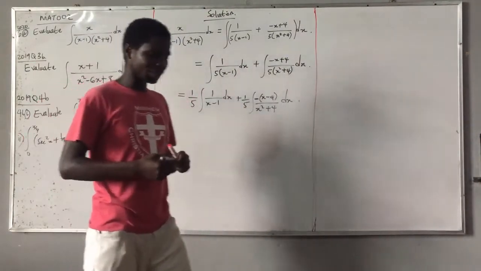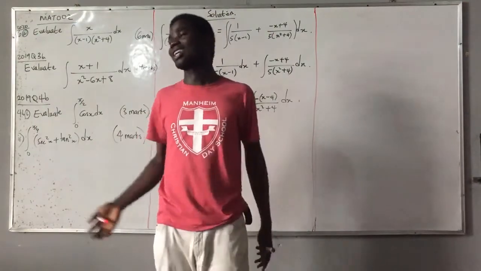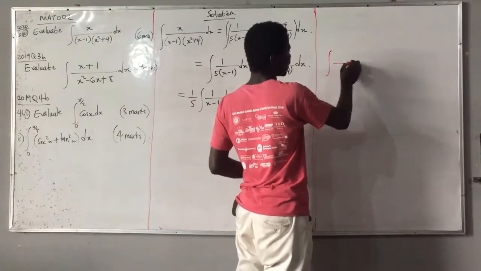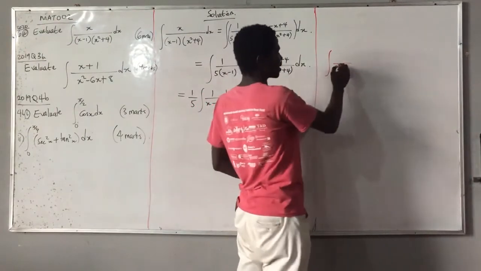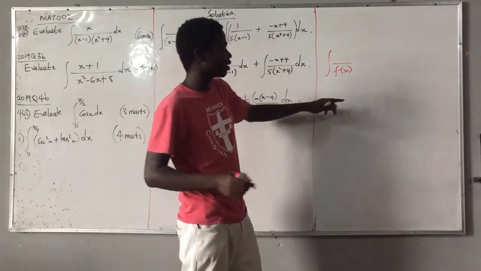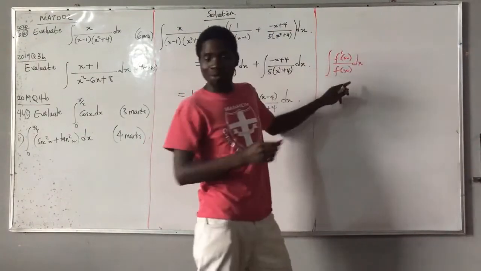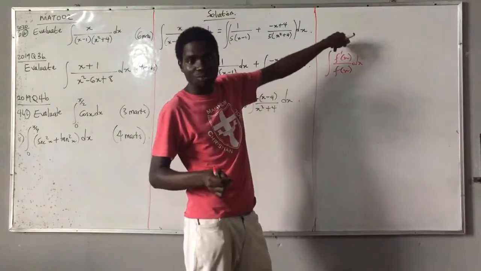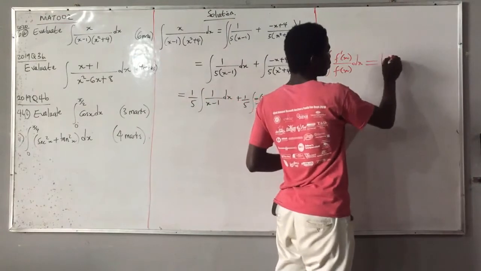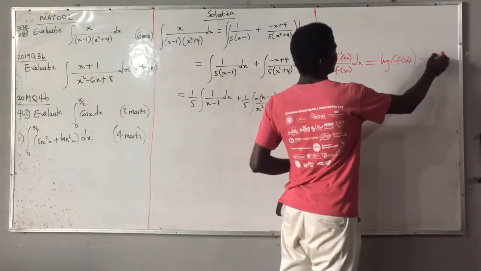Now there is one law in integral. When you have an integral with a denominator f of x, and if you differentiate the denominator to get f prime of x, and you are getting what you have at the numerator, the integral is actually equal to log of the denominator plus c.